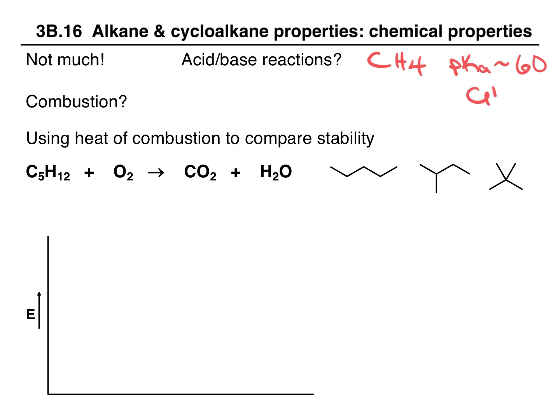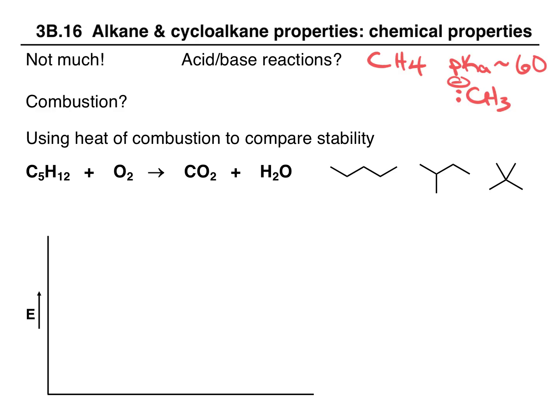Now the conjugate base, CH3-, this is a very, very, very strong base because methane itself is such a weak acid. We can use methane to approximate the pKa for other alkanes as well. So any alkane is going to have a pKa of close to 60.